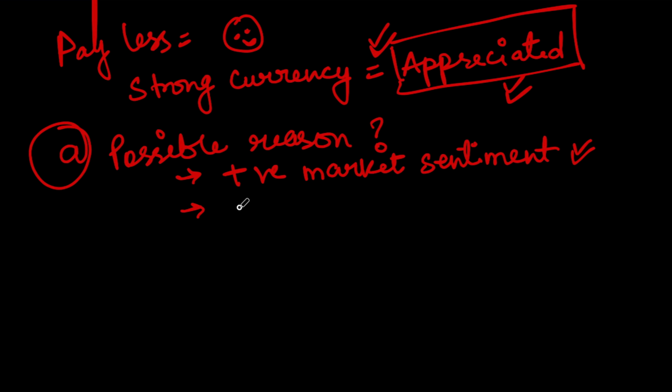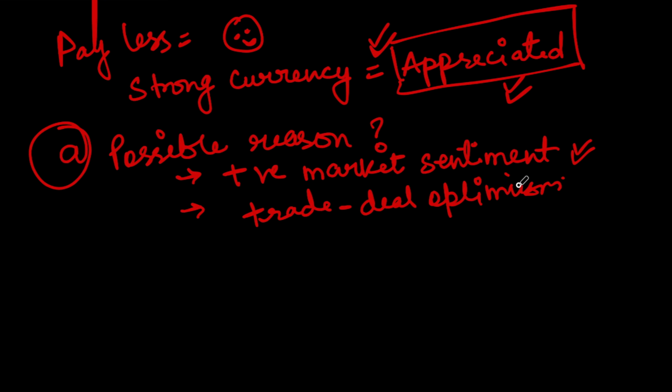Which means we come to the second reason, which will be the trade deal optimism, right? If we apply this to the current scenario, everybody is hoping for some positive trade deals, because of so many high tariffs being imposed on India.